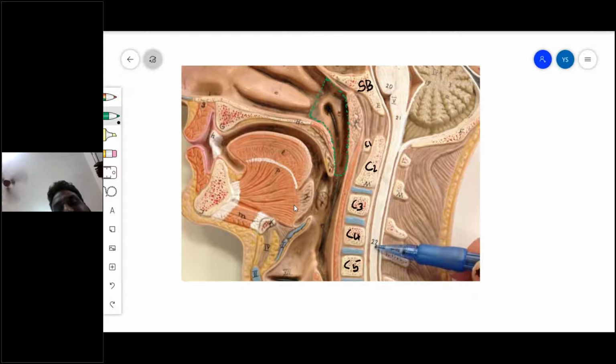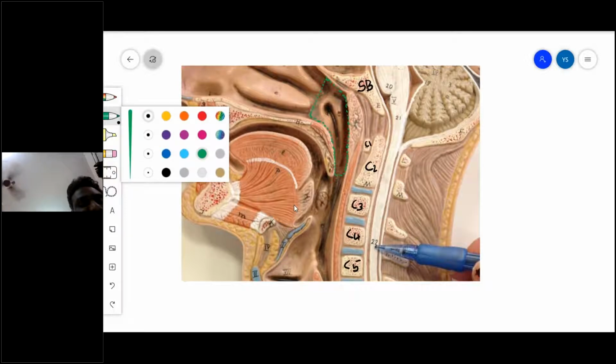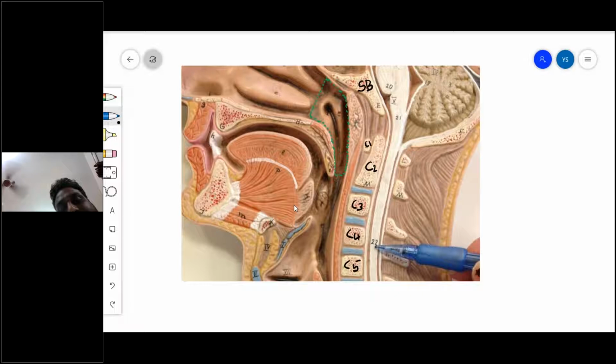If you see this nasopharynx, what are the boundaries we can look at here? This one, A, is anterior. This one, B, is base or floor, the lower one.